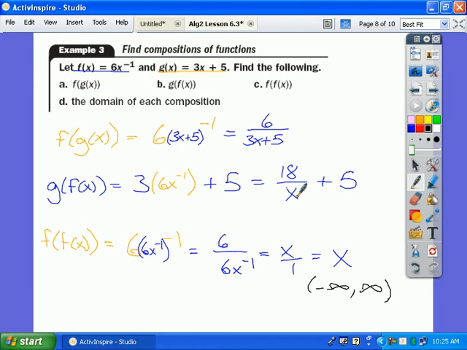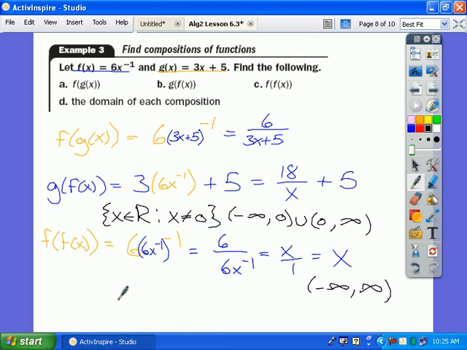So for the second one, the domain is from negative infinity to 0, not including 0, or from 0, not including 0, to infinity. Or an easier way to think about it is x is evaluated in the real number system such that x is not equal to 0. Either of those ways means the same thing.